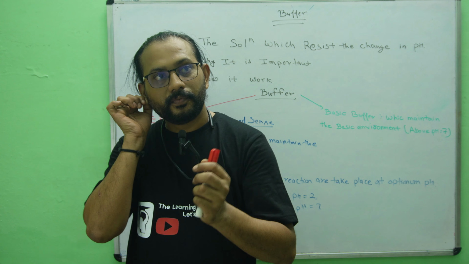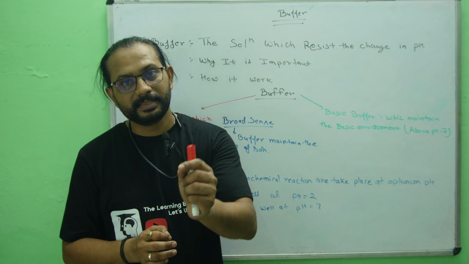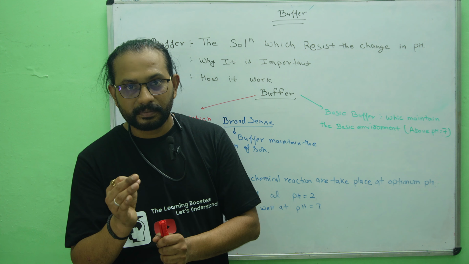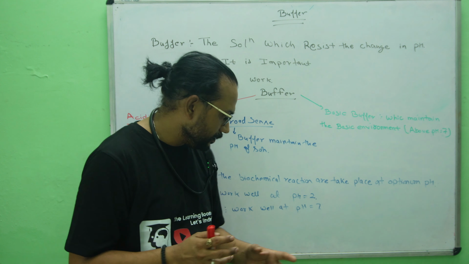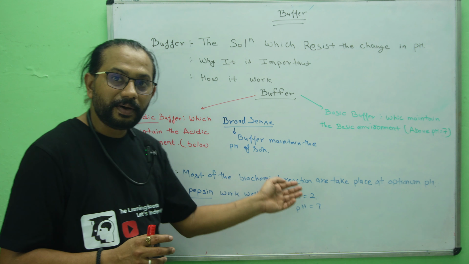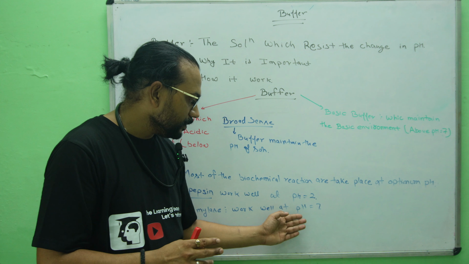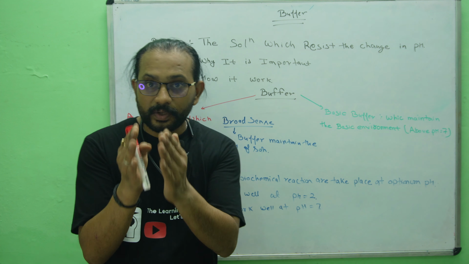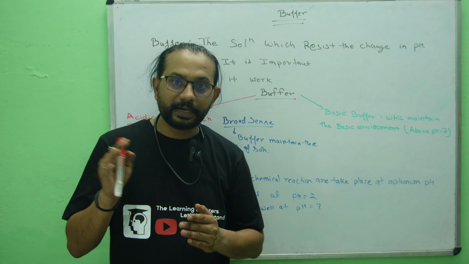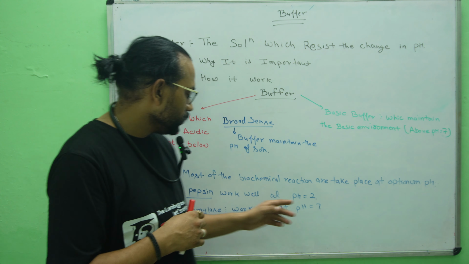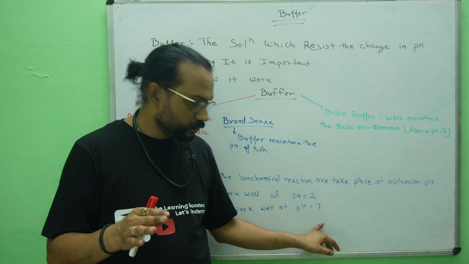First of all, if I need to understand the mechanism of an enzyme that has some biochemical property, for example pepsin, which works well at pH 2, and amylase, which works at pH 7, there are two different categories of enzymes which work in different environmental conditions. One works within an acidic environment, another within a neutral environment.